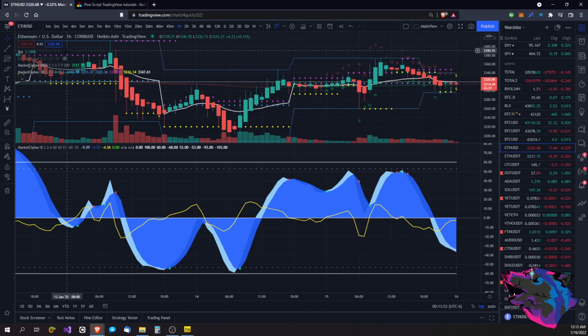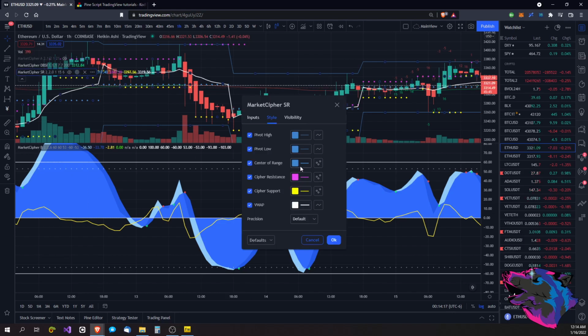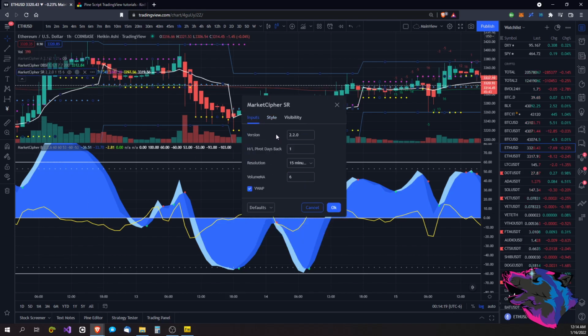And Market Cipher SR, support and resistance. Not that complicated. You have these outer lines here, which are the highs and the lows for a particular trading period. I'm not sure if you can change what that period is.